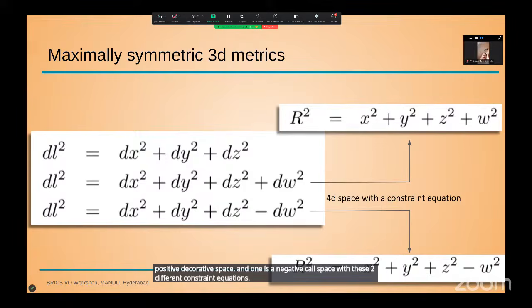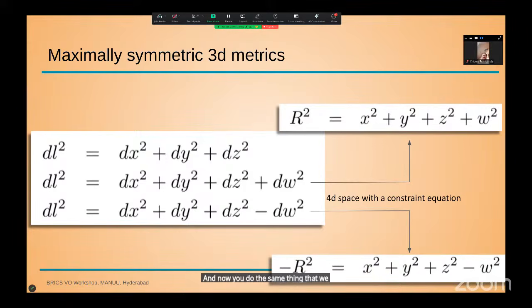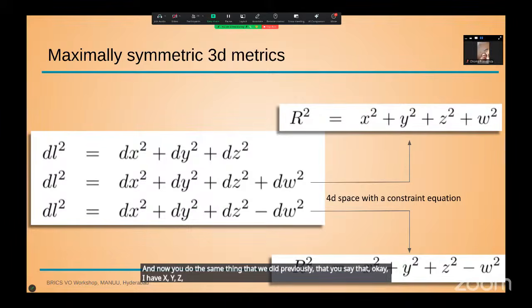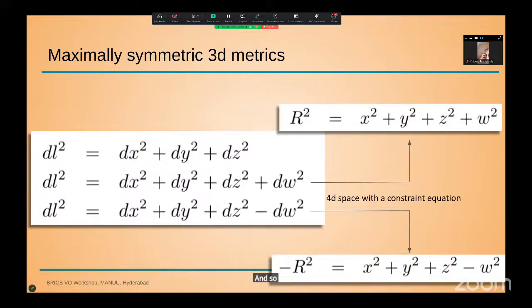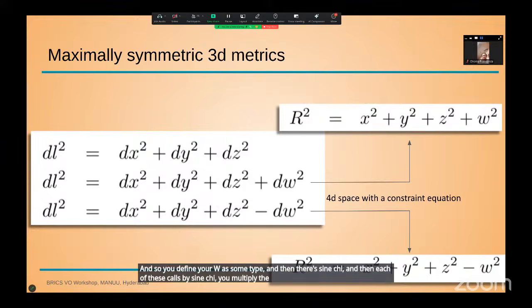And now you do the same thing that we did previously. You say that, okay, I have x, y, z, and w as variables. Now I will go down to 3 variables because I'm sitting on a constraint equation. And so you define your w as some R cos chi, and then there's sin chi, and each of these you multiply by the cos and sin terms first.